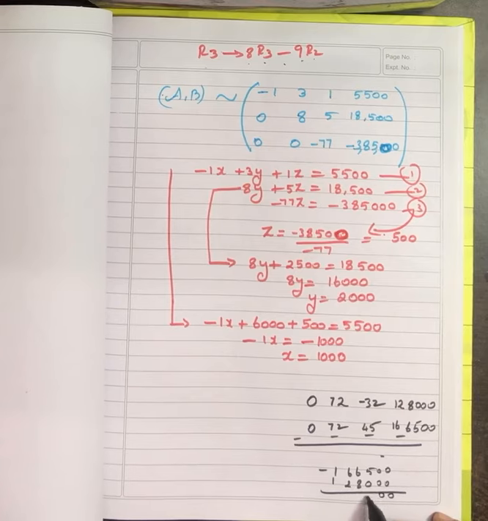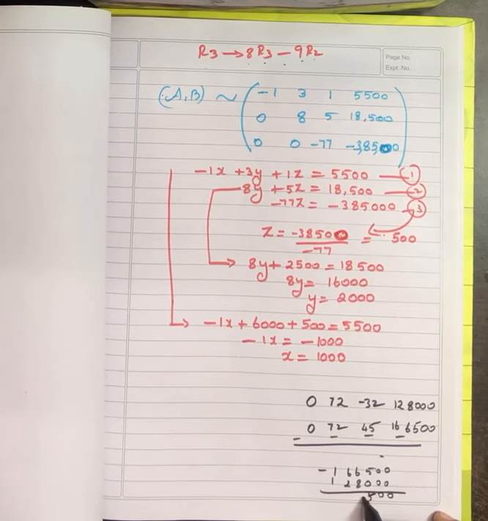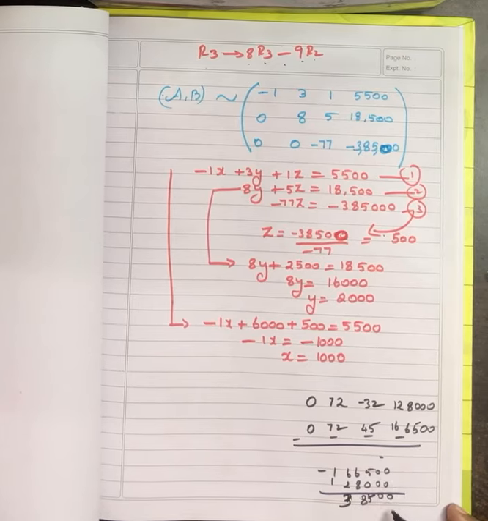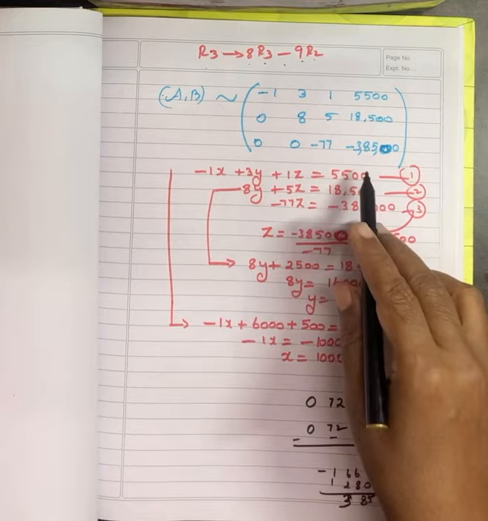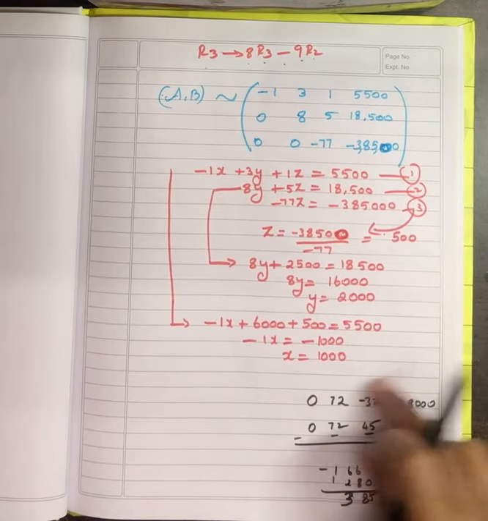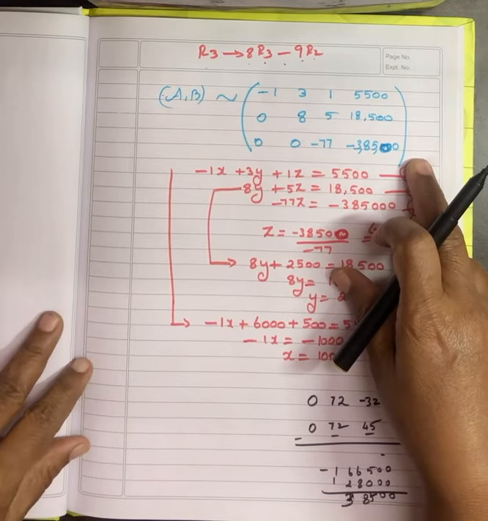So 0, 0, 5, borrowing 1, 16 minus 8, 8, 5 minus 2, it is 3. I'm sorry. Greater number sign, so minus. So write, calculate, then write the answer here.